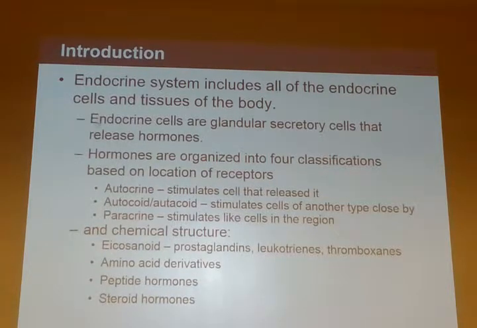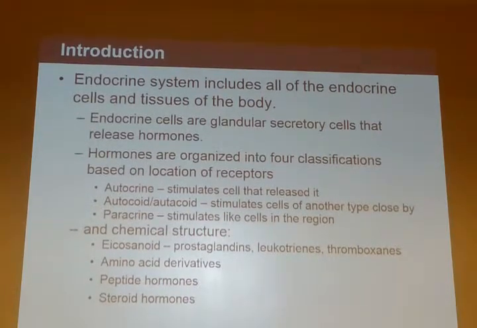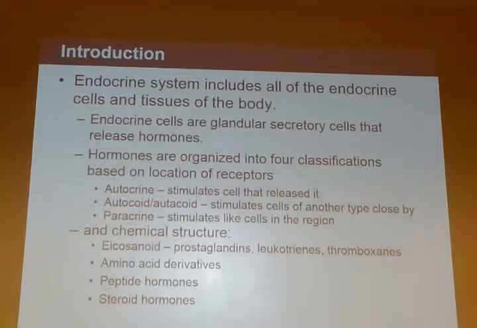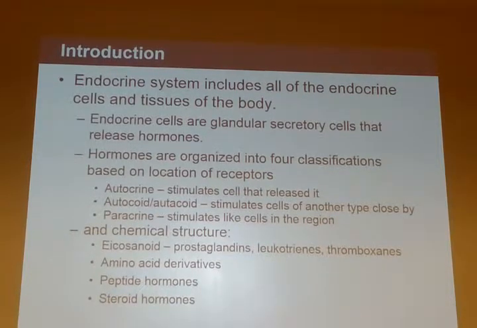The endocrine system releases hormones. Most hormones are either peptides or proteins. Occasionally, they are smaller molecules referred to as biogenic amines, but most of them are going to be several amino acids in length and even as big as a protein, so over 100 amino acids in length.